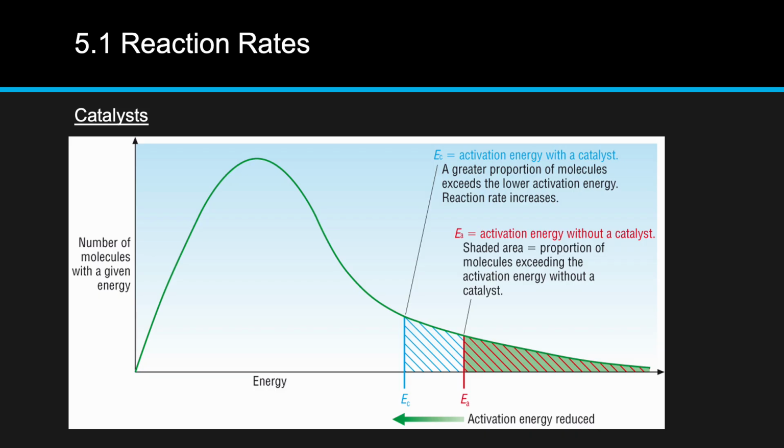When the activation energy is lower, a larger fraction of particles have enough energy to react, and as a result, the shaded area representing successful collisions becomes larger, even though particle speeds have not increased. This explains why catalysts increase rate of reaction without increasing the temperature or being consumed.